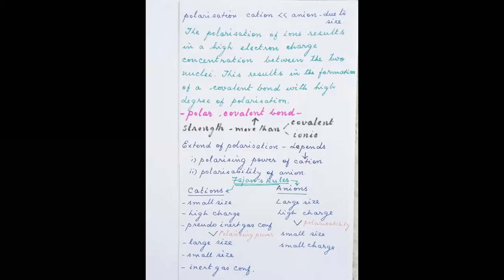So the compound which is purely ionic or purely covalent is found to be of less strength than a polar covalent bond, which is a mix of the ionic and the covalent bond. And also the extent of the polarization, how far the polarization is effective, depends upon the polarizing power of the cation and the polarizability of the anion.